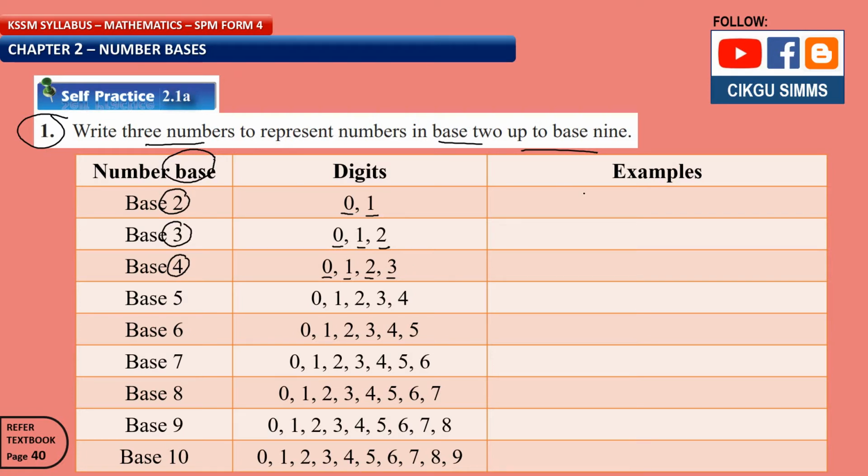Okay, so you need to write 3 examples for each base. For base 2, you can use these 2 numbers. For example, you can write 10 base 2, or 11 base 2, or even more digits, 101 base 2. For base 3 it's the same.